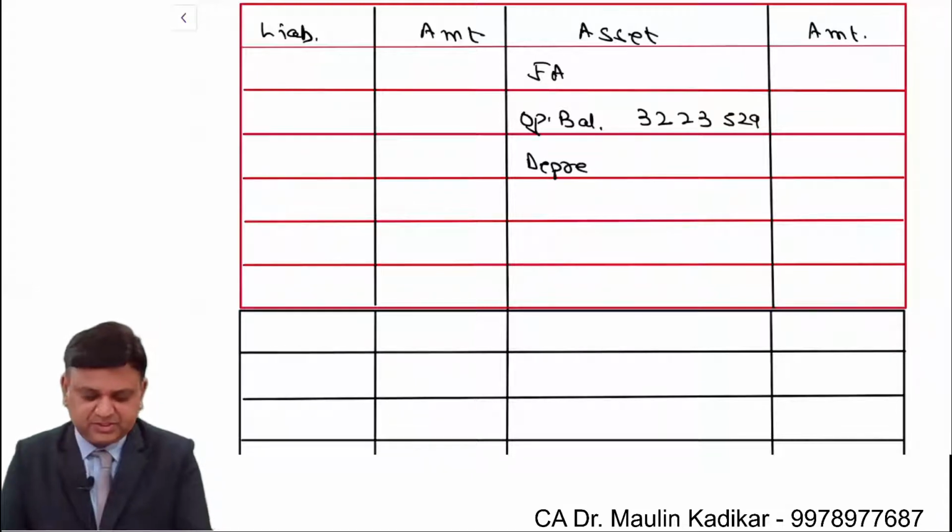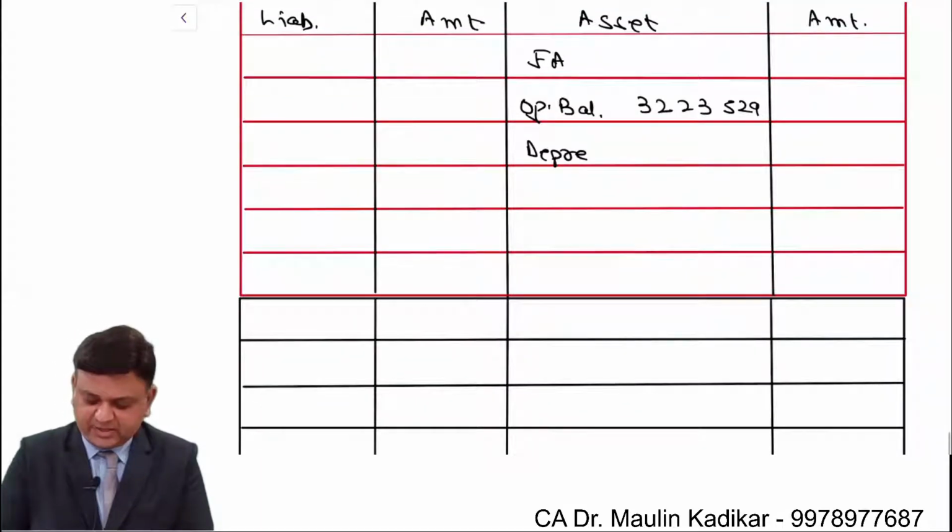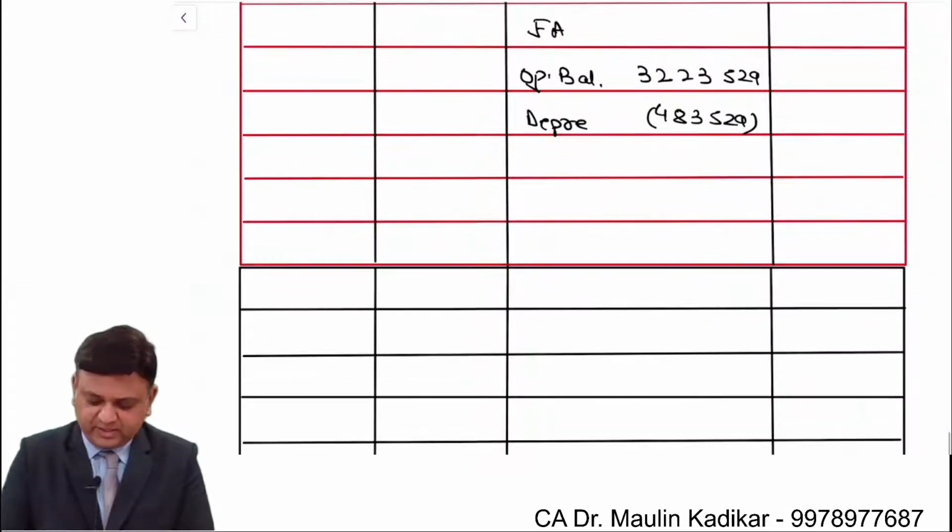Then we have depreciation, 4,83,529. So closing WDV is 27,40,000.